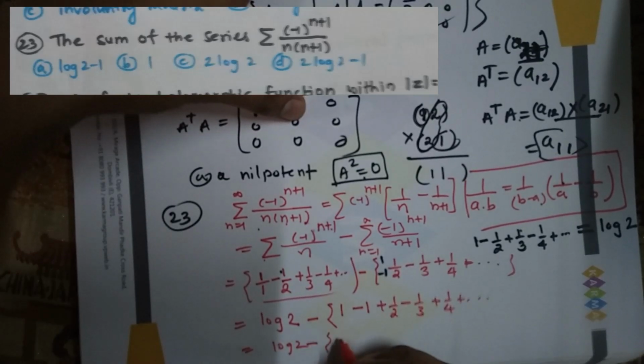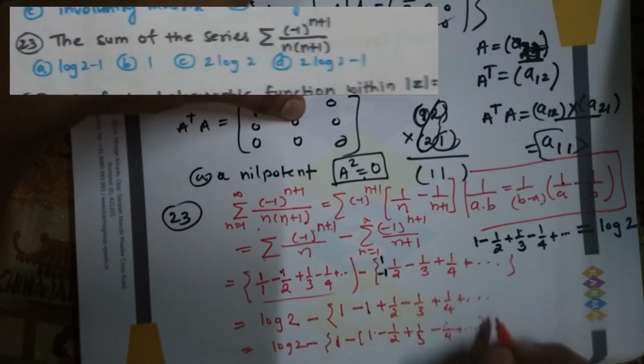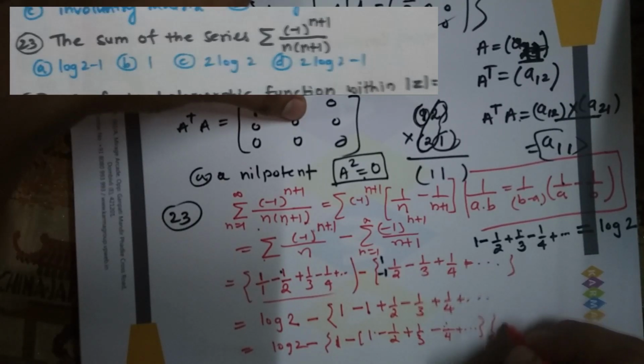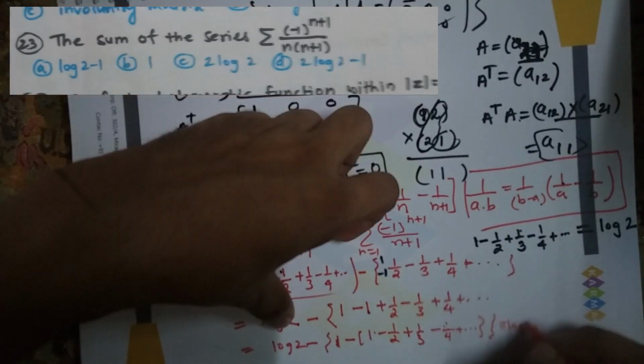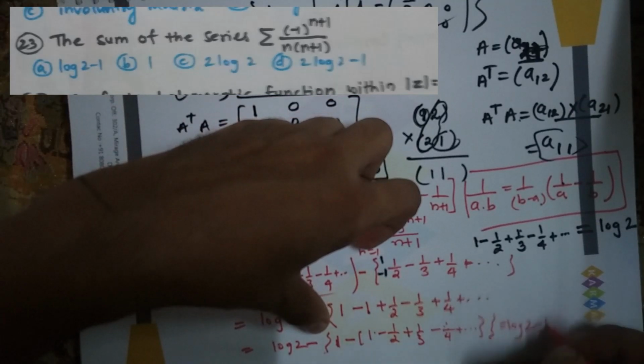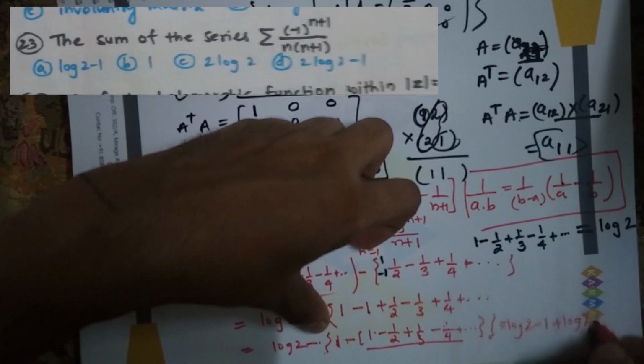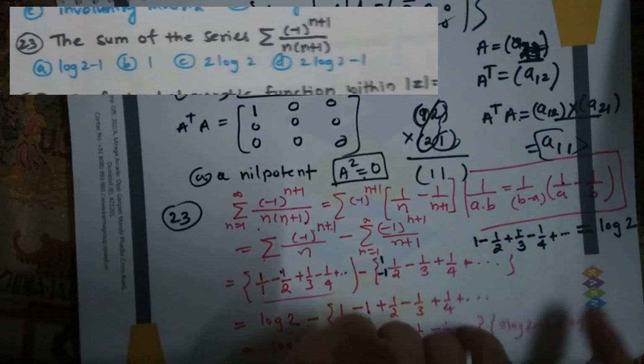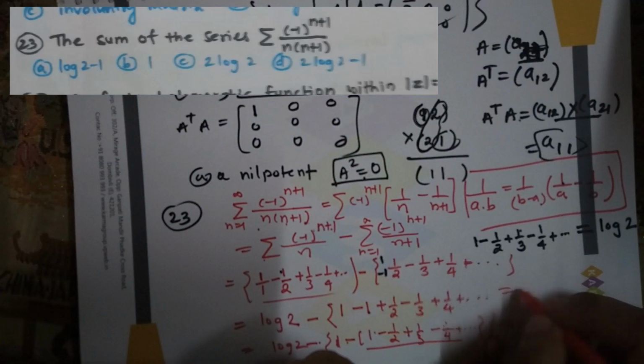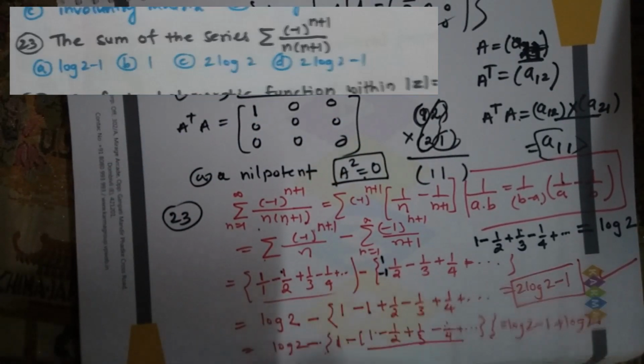If I take the minus sign common throughout, negative terms will convert into positive and positive terms will become negative. So this is log 2 minus 1 minus minus, which becomes plus, and this is nothing but log 2. So log 2 and log 2 become 2 log 2 minus 1. This is nothing but the sum of the required series.